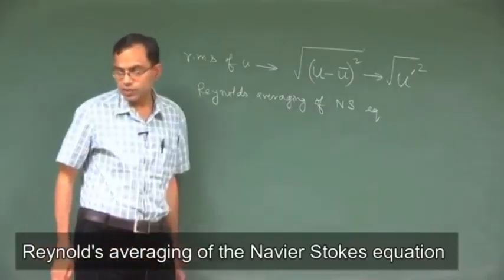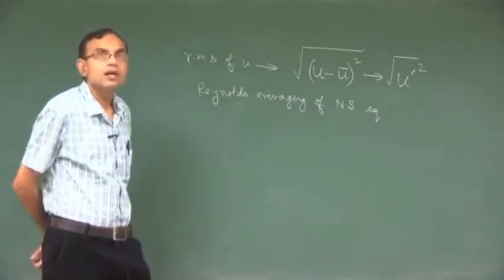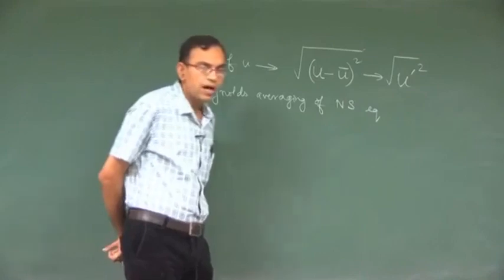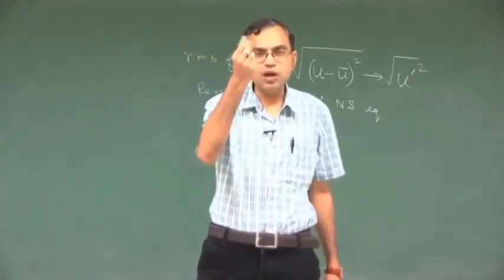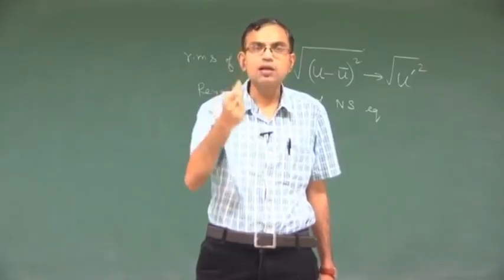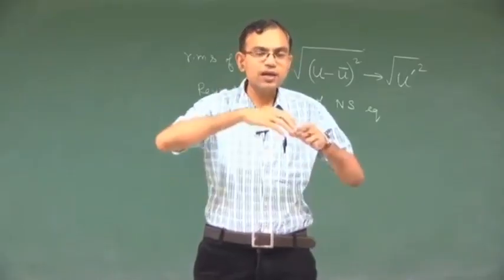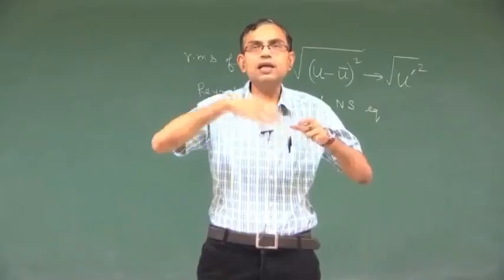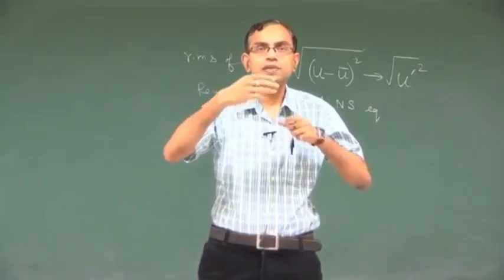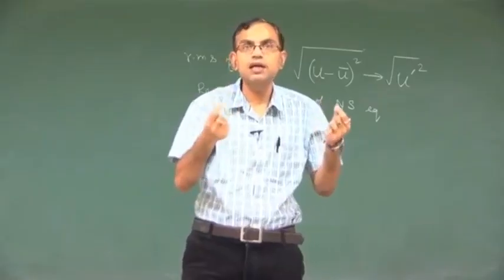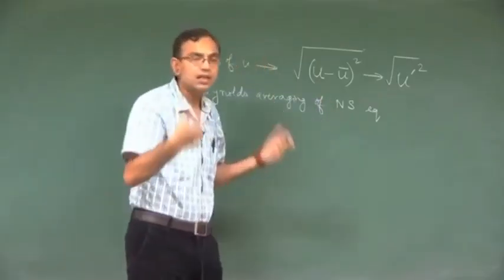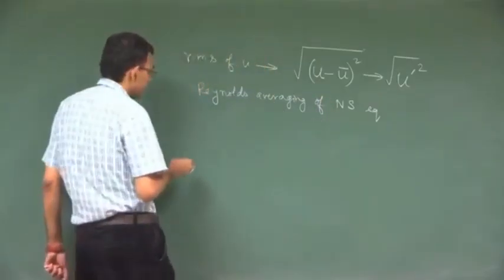The advantage with Reynolds averaging is that you are not required anymore to capture the smallest length scales and smallest time scales. You can consider a length scale and time scale which is substantially elevated compared to the finest ones which are physically there, so that computationally the problem becomes more tractable.